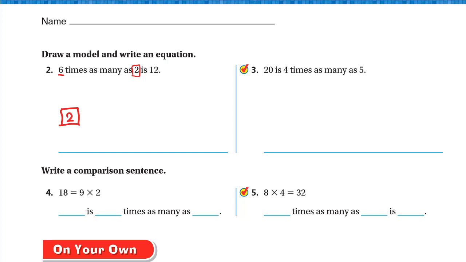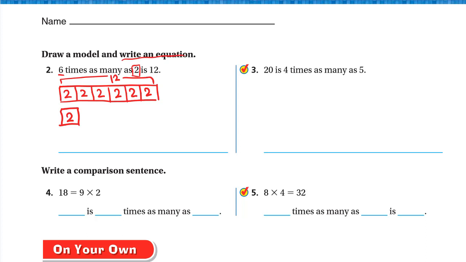So we'll draw 6 of these 2 like this. Okay, so 1, 2, 3, 4, 5, 6. And these 6 times is 12. So all of these are 12. This is how we model it.